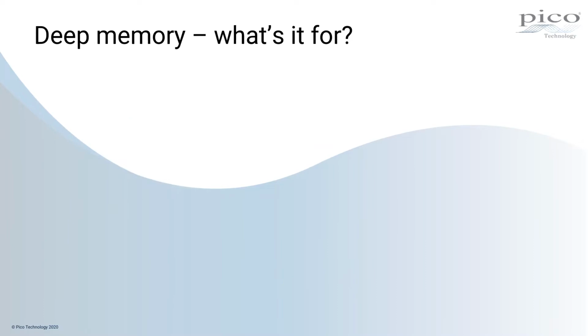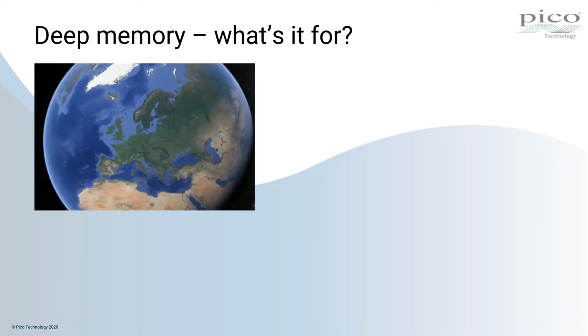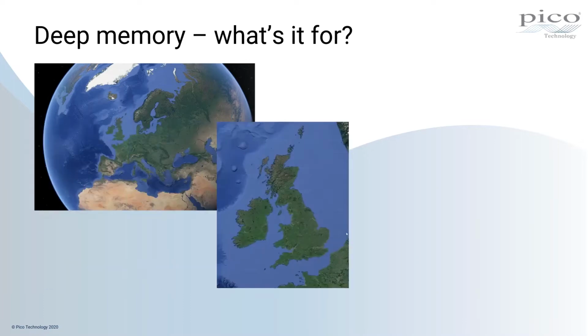Well, in a real-world example, just to illustrate the point, if you think of Google Earth, it gives the appearance of being a single picture of a region of the globe. So we can look here at Europe, we can zoom in to a particular area of the continent.